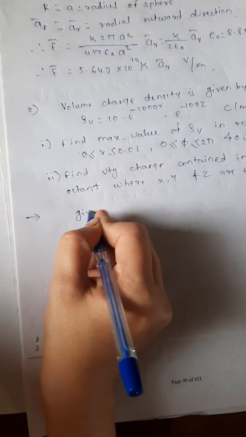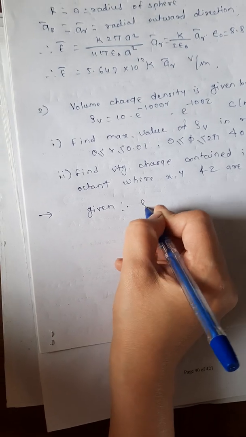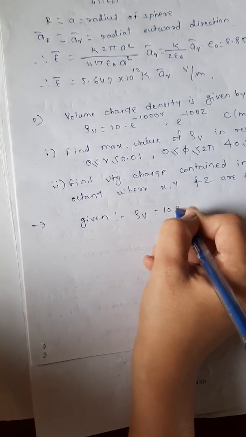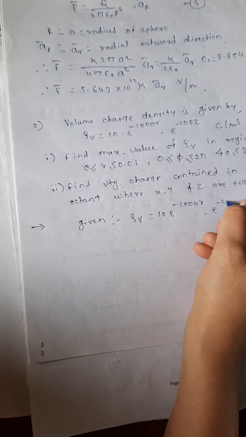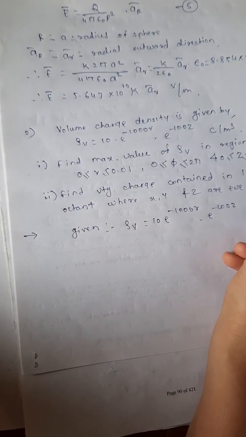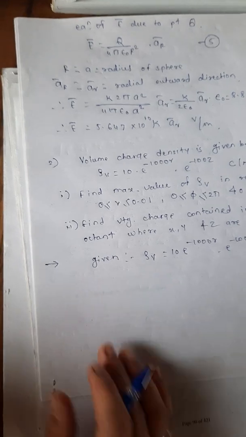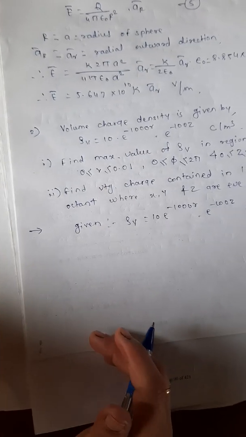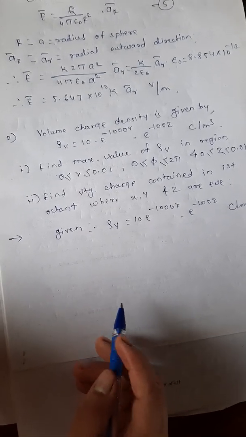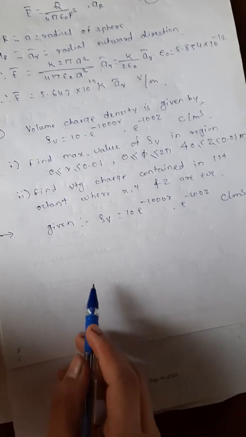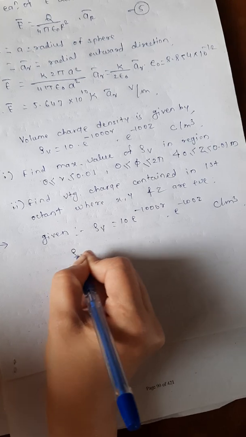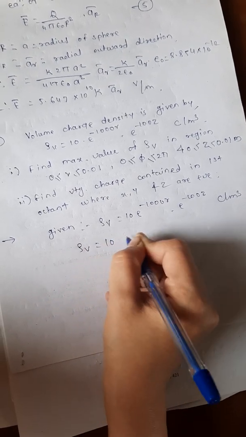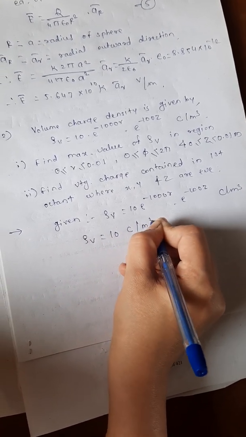So here we write down what is given. Given is rho v is equal to 10 e raised to minus 1000 r e raised to minus 100 z coulomb per meter cube. Here the variables are r and z. So the maximum value of rho v is obtained where r is equal to 0 and z is equal to 0. So rho v is equal to 10 coulomb per meter cube.